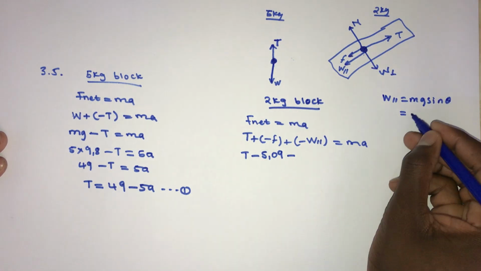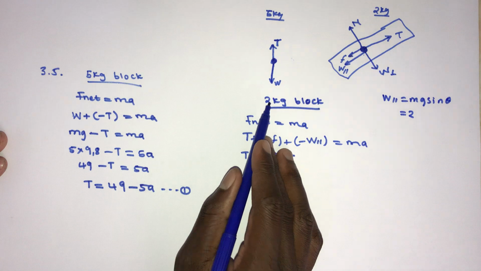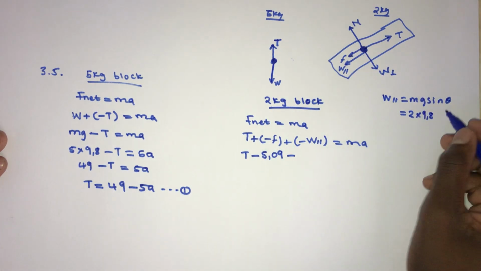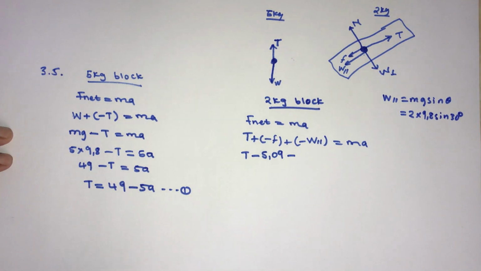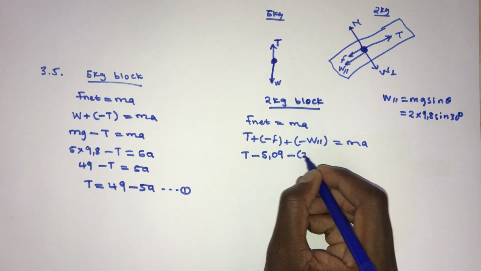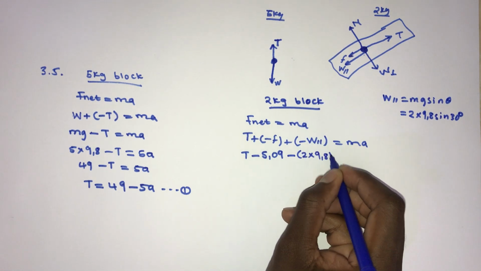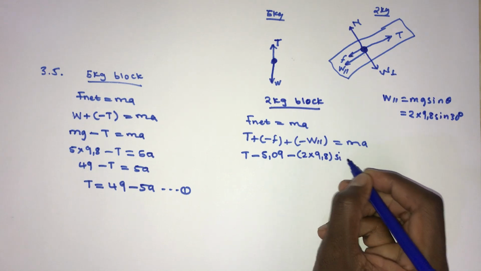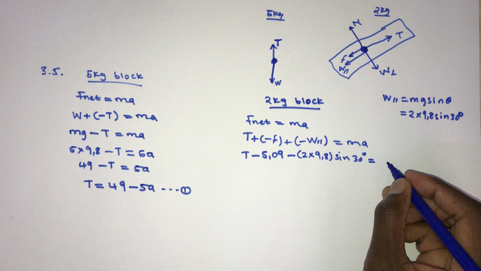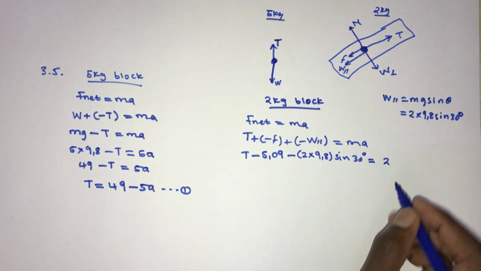So m, which is 2, since we are talking about the 2 kg block, times 9.8 times sine of the given angle, which is 30 degrees. So we just take it straight here. That is 2 times 9.8 times sine 30 degrees. Then it's equals to m, which is 2. The focus is the 2 kg.